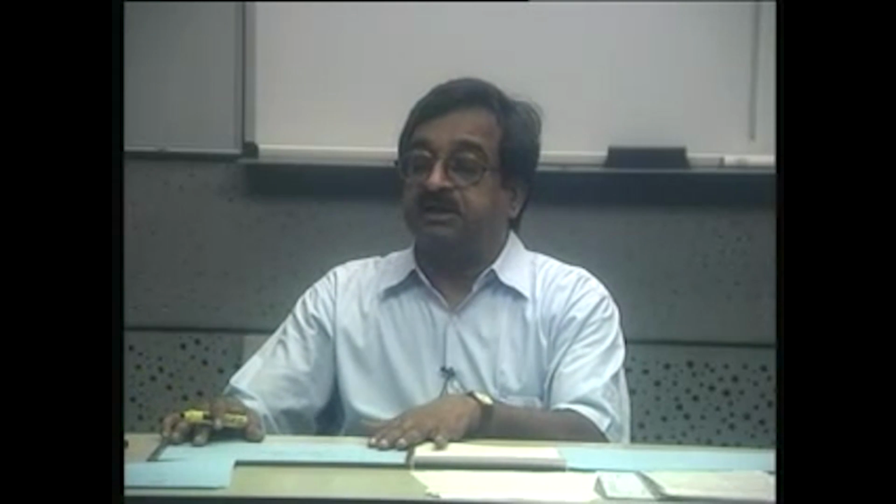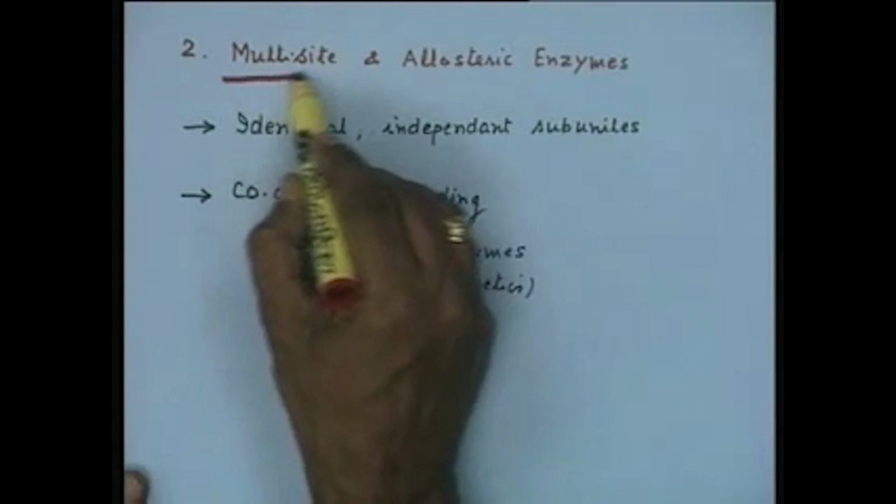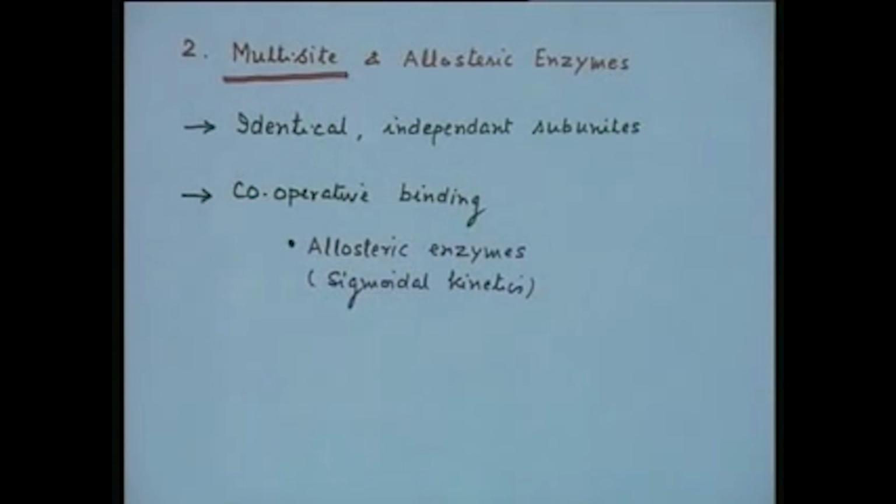There is now another group of enzymes, as we listed in our earlier sheet, which are multi-site. A large number of enzymes, as we noticed right in the beginning, have a chemical nature that provides for a quaternary structure, composed of multiple subunits arranged in a particular fashion, so that their interaction brings in a conformation whereby active sites are created.